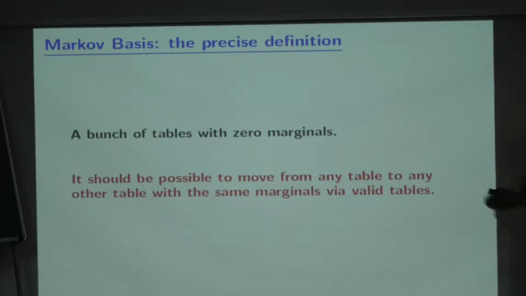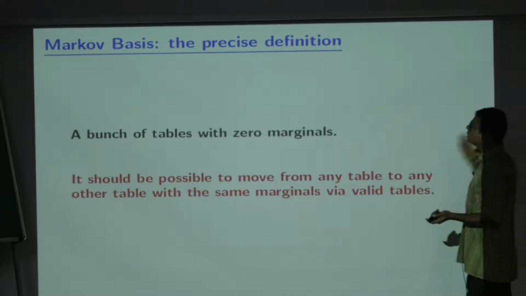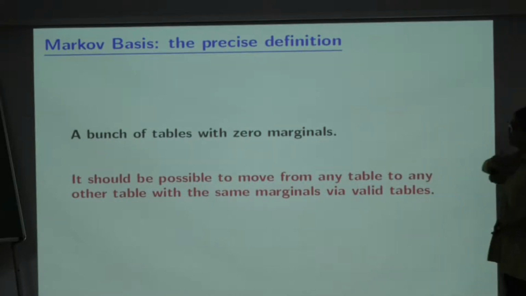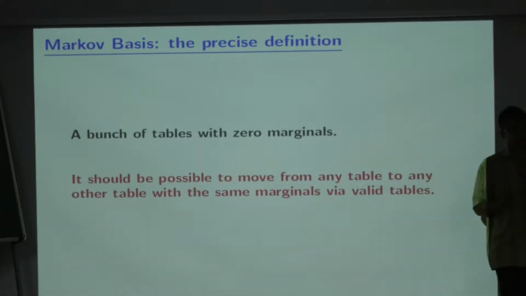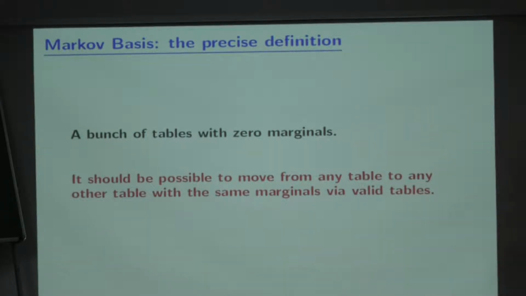You just go on throwing, you just pick one card at random and just make a move. So once you get a Markov basis, you can generate from any distribution over the space of all contingency tables with those marginals. So the important question is, how do you get that Markov basis?